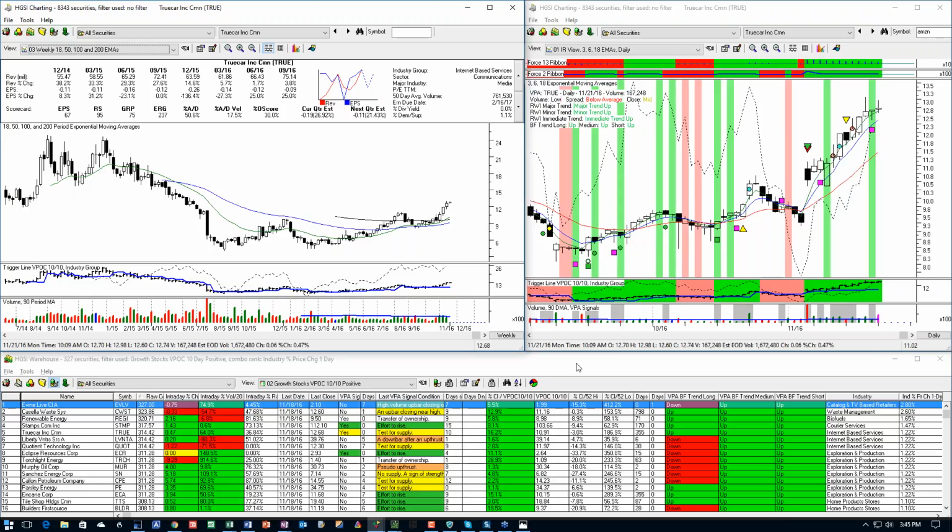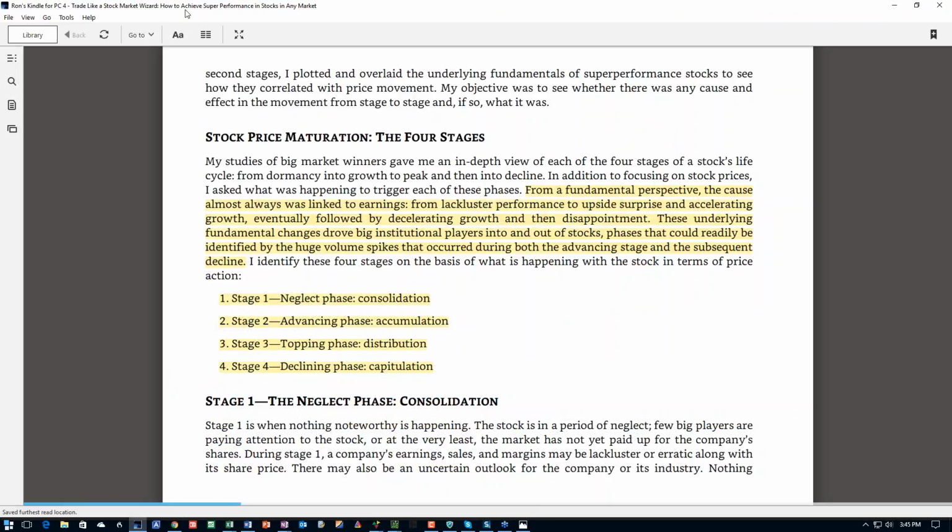But Mark Minervini, I believe is how you pronounce his name, it's in his book too, and this book I have open right here. It's called How to Achieve Super Performance in Stocks in Any Market. He essentially got this from Stan Weinstein, but a lot of people use this.